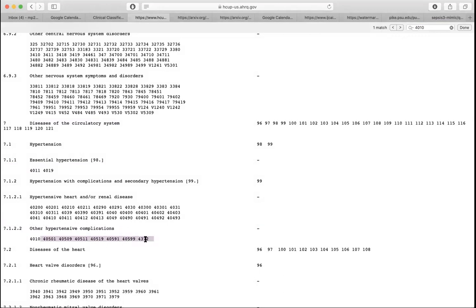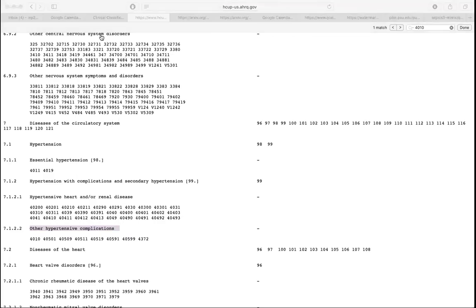So you can see different ICD-9 code groups belong to the same 7.1.2.2, other hypertensive complications. This is also a good example of hierarchical, DAG-structured domain knowledge.